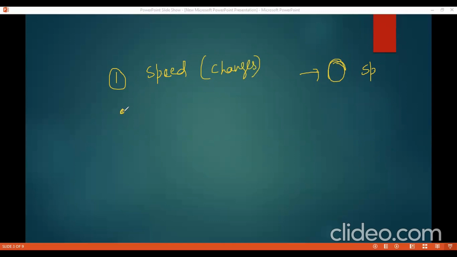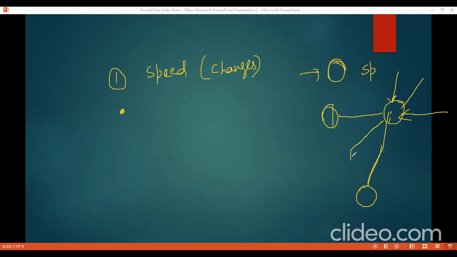Very good. And what about the next point? Does it change the direction of motion also? Yes. Say you kick a ball from this end, and it moves straight.